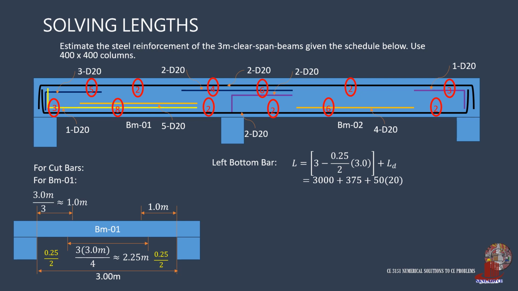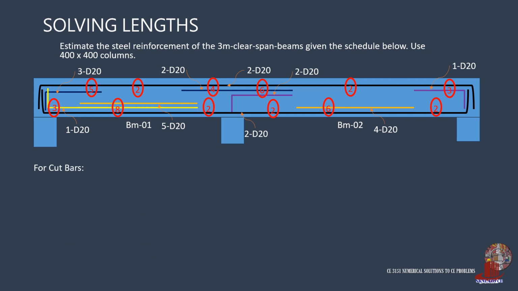L is then 3,000 plus 375 plus 50 times diameter 20, and it gives 4,375 mm. Then the left bottom bar is 1D20 by 4.375 meters. For the midspan bar, the length is 3/4 of 3 meters, which is 2,250 millimeters. That completes the specification of 5 D20 bars by 2.25 meters.